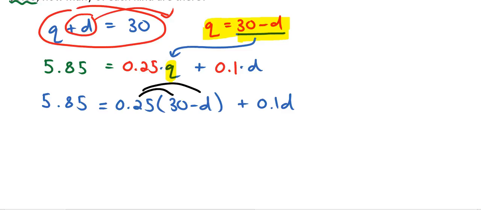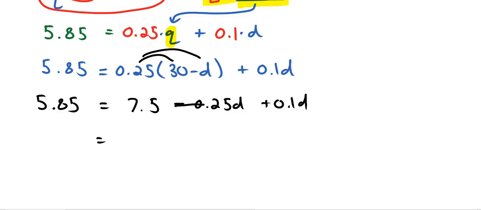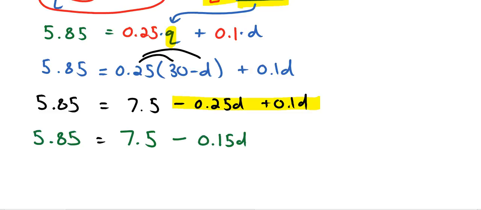I can use a calculator here. 30 times 0.25 is going to give me 7.5 minus 0.25D plus 0.1D equals 5.85. If I combine these terms here, negative 0.25 plus 0.1, that's going to be 7.5 minus 0.15D equals 5.85.